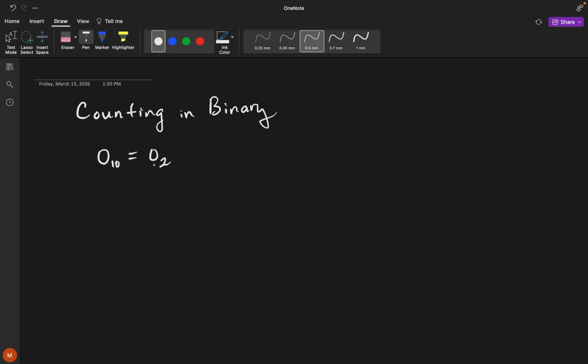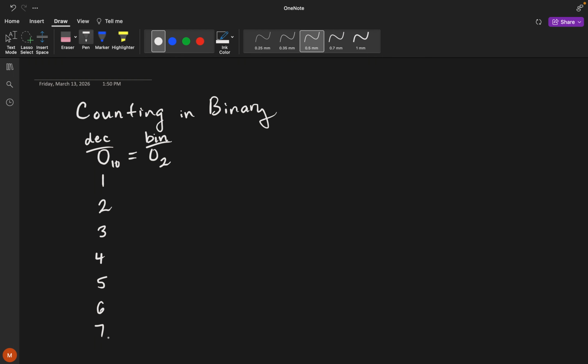So let's start with 0 in binary and start counting up. So in base 10, this is decimal, and over here will be binary. So in base 10, we can count 0, 1, 2, 3, 4, 5, 6, 7, and so on. We'll keep adding to that in a moment. But in binary, I only have the digits 0 and 1.